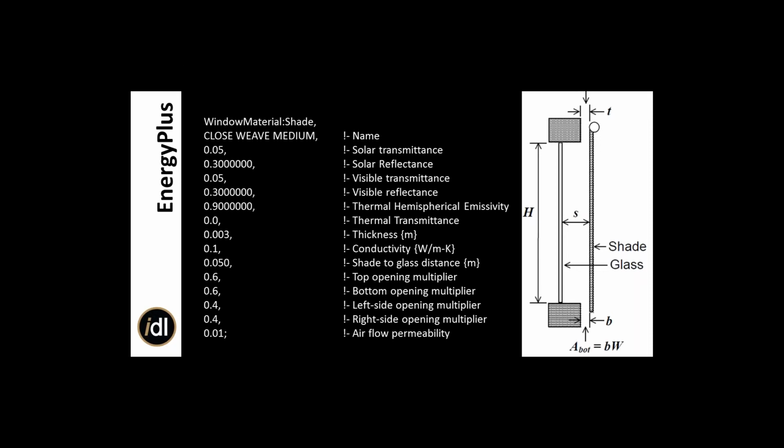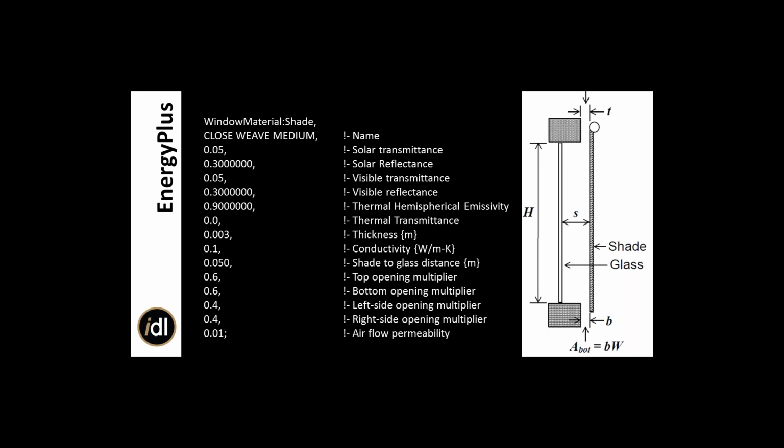That's the example. You can put the name at the first line, and you can assign solar transmittance, solar reflectance, visible transmittance, thermal transmittance, thickness, conductivity, shade to glass distance, that's the important part, and top opening multiplier, bottom opening multiplier, left side and right side. These four will be calculated based on this picture.